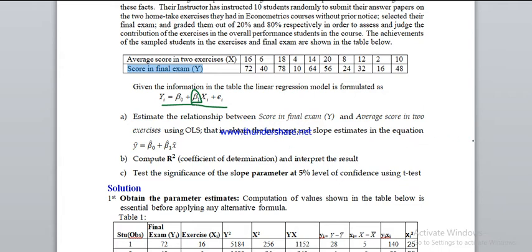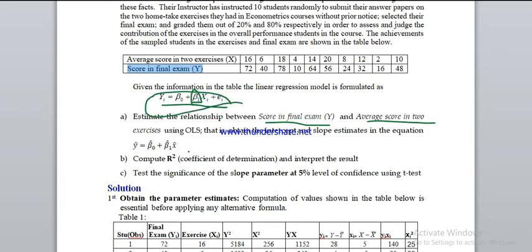The second equation is the estimate. The first is to estimate the relationship between score in the final exam and average score in the two exercises, and whether the relationship between these two variables is significant or not. So this is the population equation.